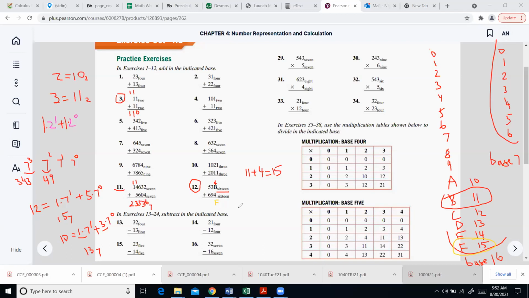So analogously, I do the next addition of 3 and 9, and 3 plus 9 is 12. So I write that 12 in base 16 as a C. Interesting, right? C. Then I move to the first ones and I add 5 and 6 and I get 11.